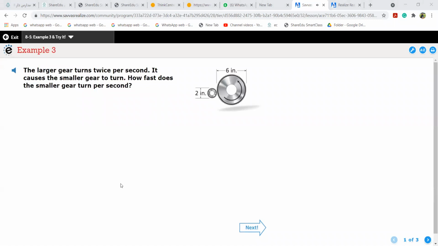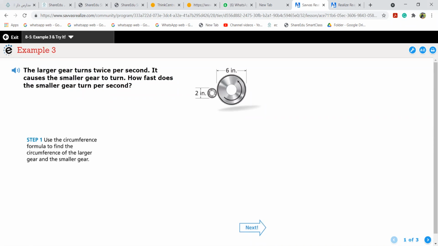It causes the smaller gear to turn. How fast does the smaller gear turn per second? Use the circumference formula to find the circumference of the larger gear and the smaller gear. First, I will find the circumference of the larger and smaller gear. We have the diameter here. They have given us the diameter directly, so I don't need to find the diameter from the radius. The larger gear is 6 and the smaller gear is 2.